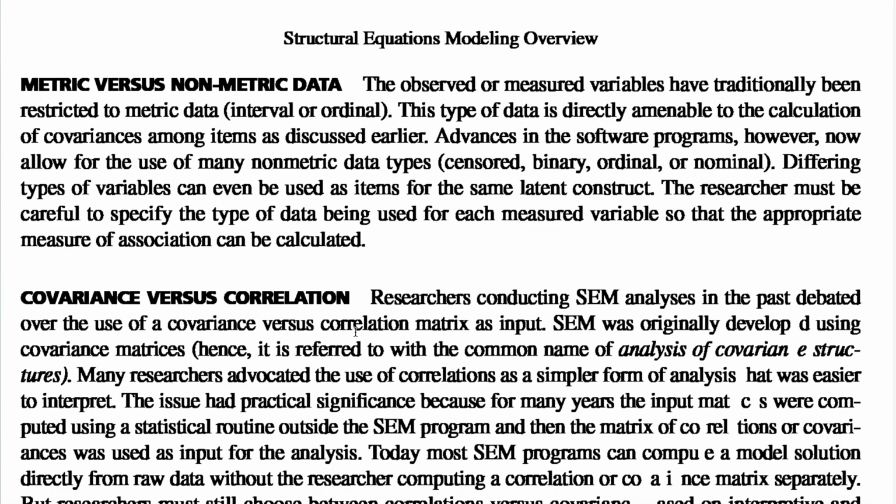Advances in the software programs, however, now allow for the use of many non-metric data types: censored, binary, ordinal or nominal. Different types of variables can even be used as items for the same latent construct. The researcher must be careful to specify the type of data being used for each measured variable so that the appropriate measure of association can be calculated.